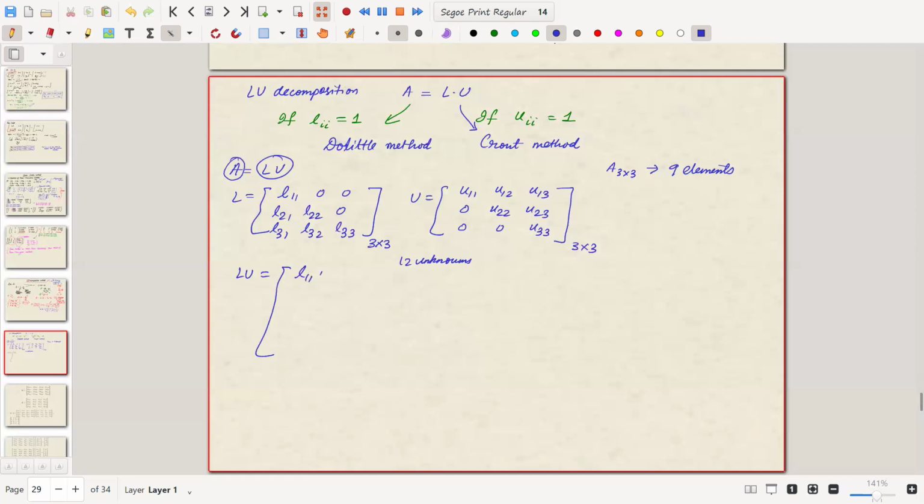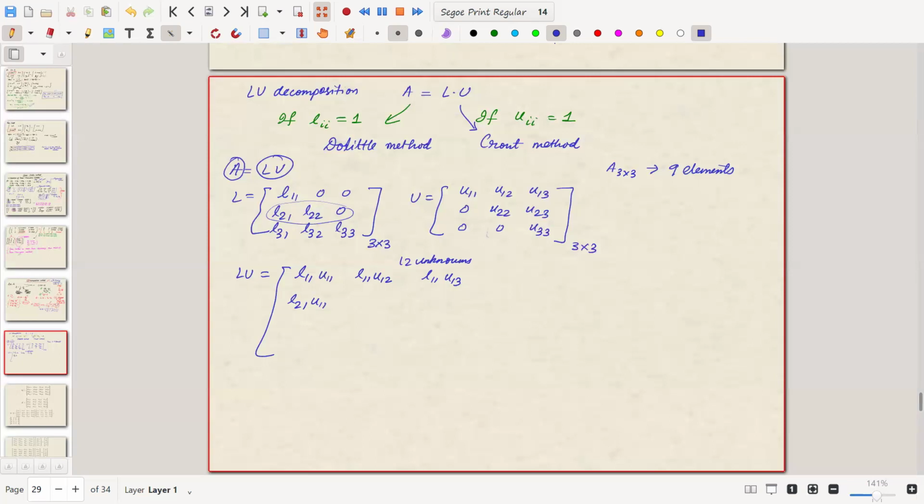L11, U11, fine. Then like this, right? It will be a 3 by 3 matrix again. Can you multiply the second row with the first column? So L21, U11; this one will be multiplied with 0, so no effect.